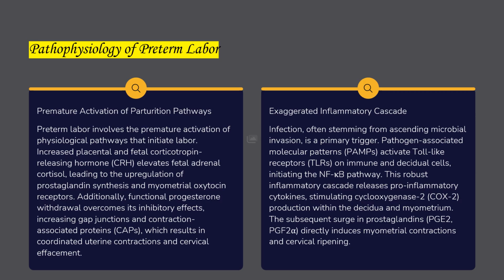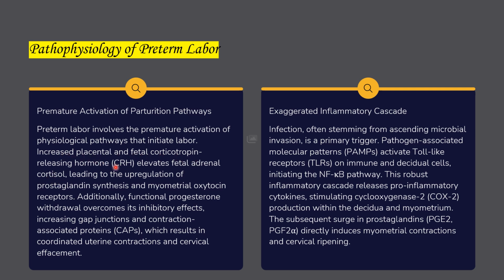Now let's learn about the pathophysiology of preterm labor. I've mentioned two. One is due to unknown reason, where there is a premature activation of parturition, and the other one is due to infection. Let's learn about the premature labor. It involves the premature activation of the physiological pathway that initiates labor. There will be an increase in the placental and fetal corticotropin releasing hormone.